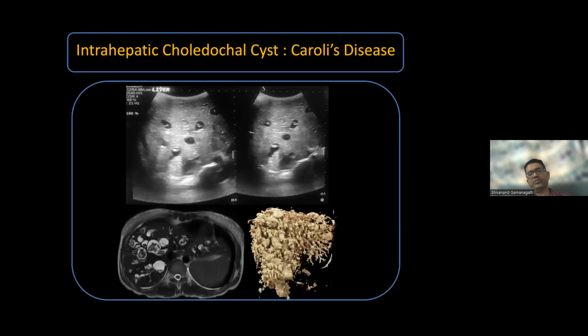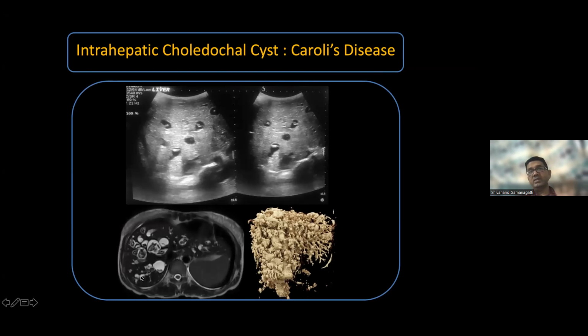Other simple cystic lesions could be multiple cysts, could be Caroli's disease. These are nothing but a multifocal cystic dilatation of the intrahepatic biliary radicals. And if you see any central echogenic foci, these are nothing but portal radicals. So we call it the central dot sign. It is very suggestive of Caroli's disease.